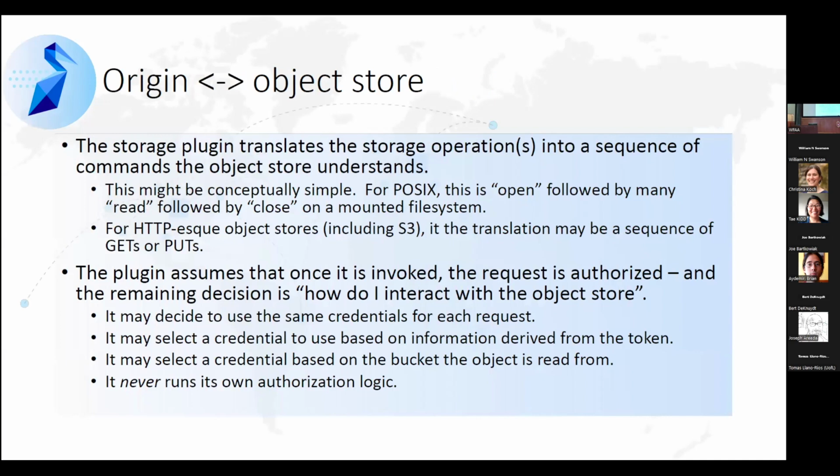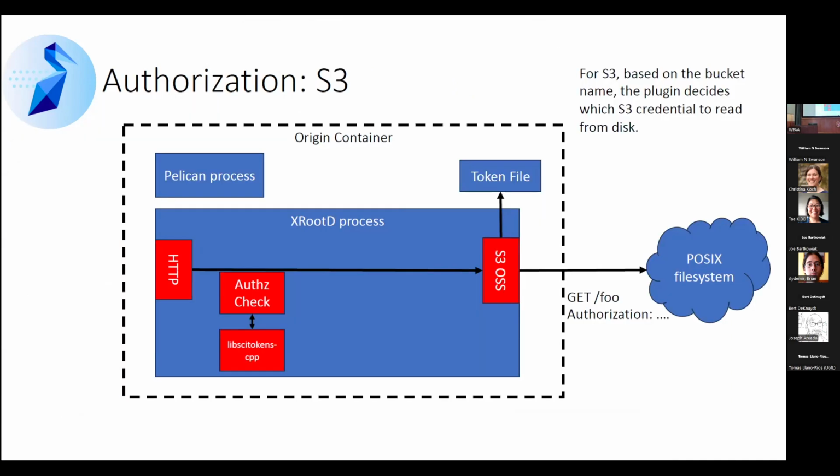If you are an S3 instance, instead of open, read, close, you might issue a get with a separate token associated with that bucket. The important part is once this authorization is done, whatever credential we decide to interact with the object store is completely independent. We already authorized it, and the rest is just that interaction and plugin.